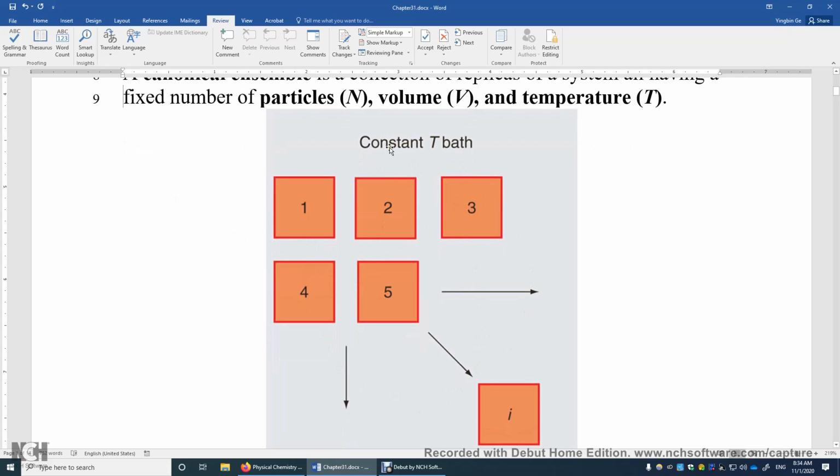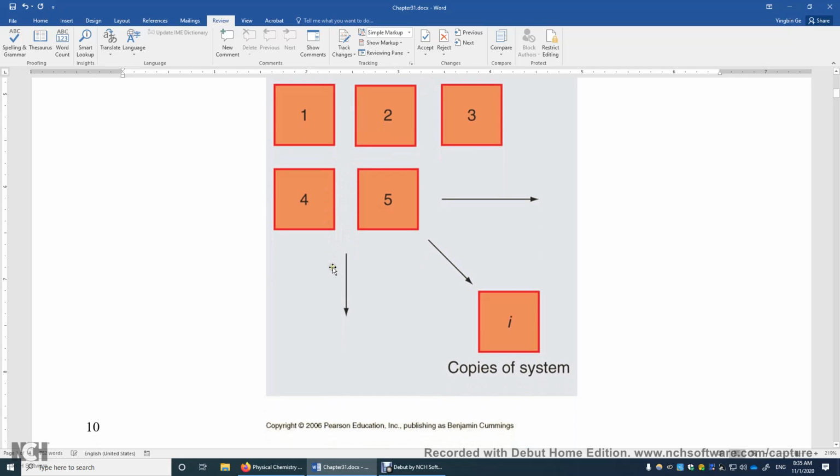We have a constant temperature bath, so that all those replicas in this temperature bath have the same temperature. And in each of these replicas, the number of particles is the same. The volume is the same.